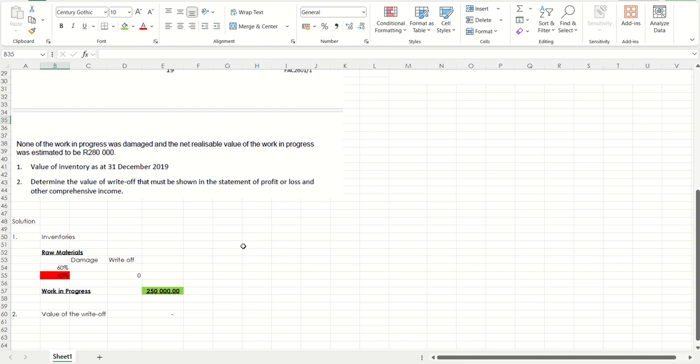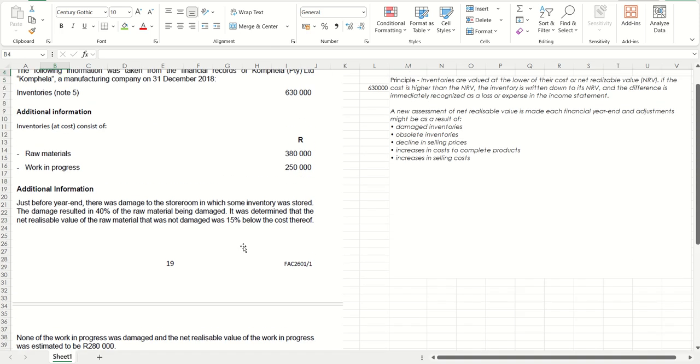You will then be able to categorize your workings with the items that are required, and make it easy to carry forward to the statements that you need to present. So it's a good habit to start early.